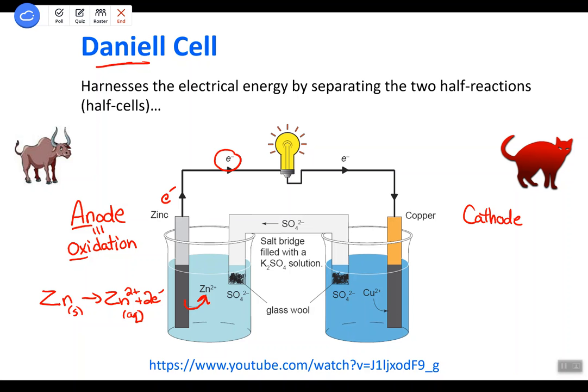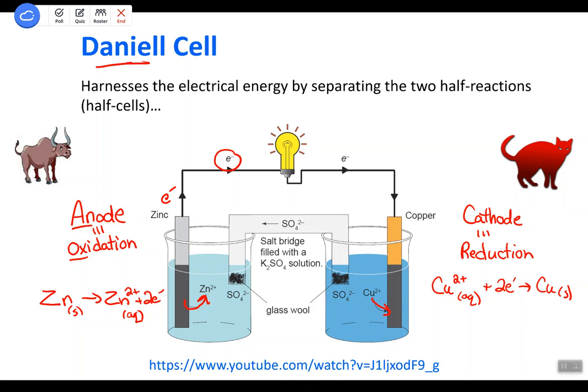And the cathode is the place where reduction occurs. And at the cathode, we have the copper 2+ ions that are in solution, combining with those electrons that flow over to them to make solid copper. So the copper electrode actually gets bigger and heavier as these copper 2+ ions come out of solution.